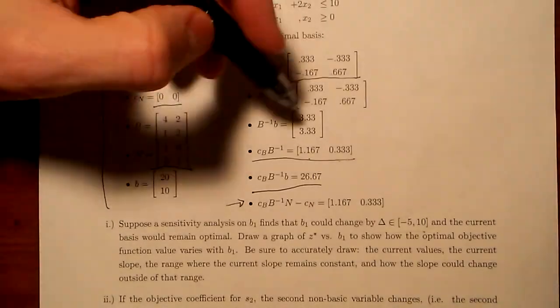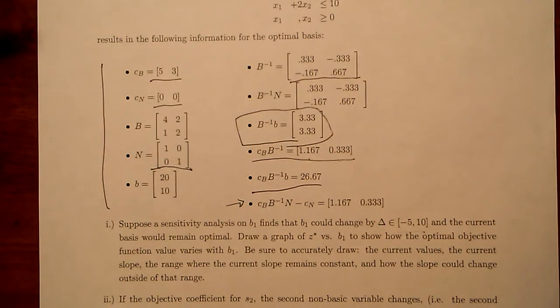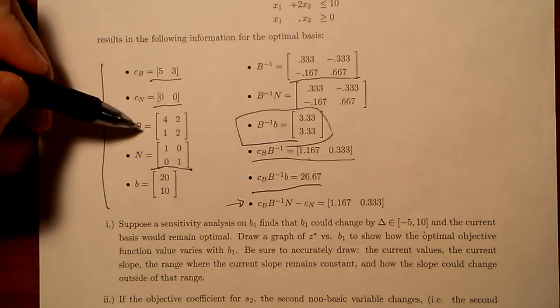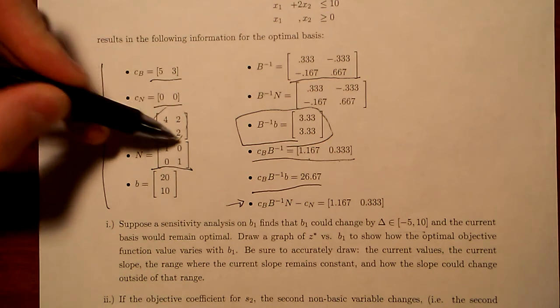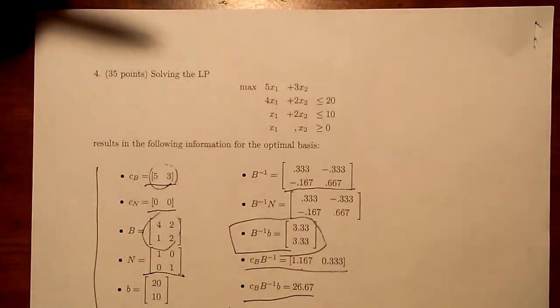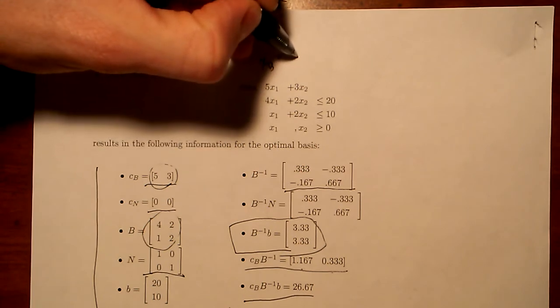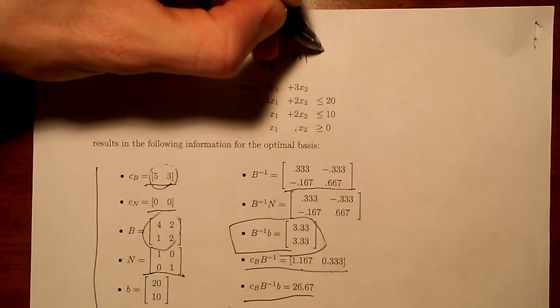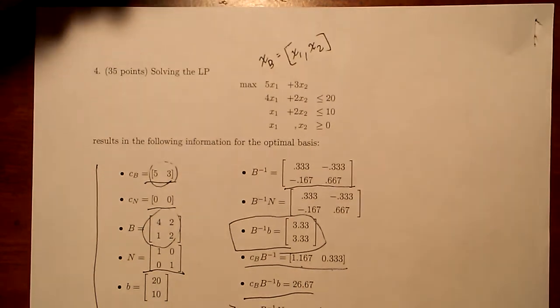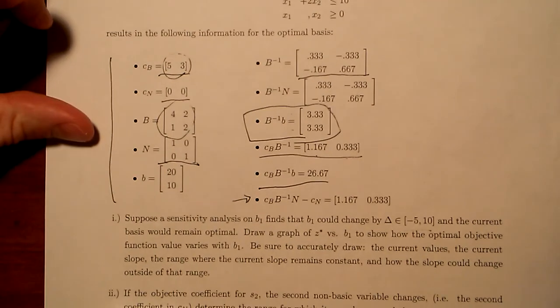One of the pieces of information provided was B inverse b. That's the current basic variable values. And if you looked at C sub B and looked back at our original formulation, it was pretty easy to see that our basic variables were x1, x2. So that means that B inverse b gives the values of x1 and x2.